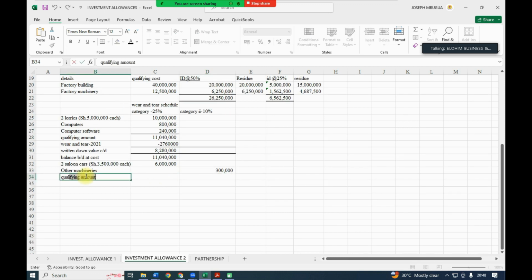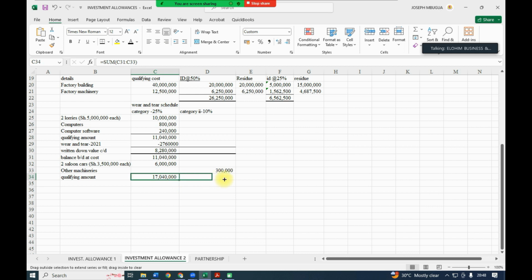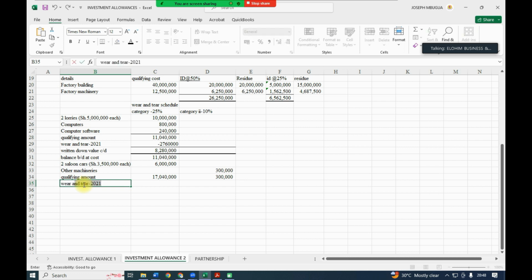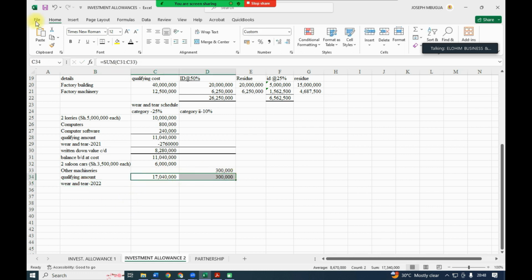Qualifying amount. So the total here is our qualifying amount. Wear and tear for 2022.